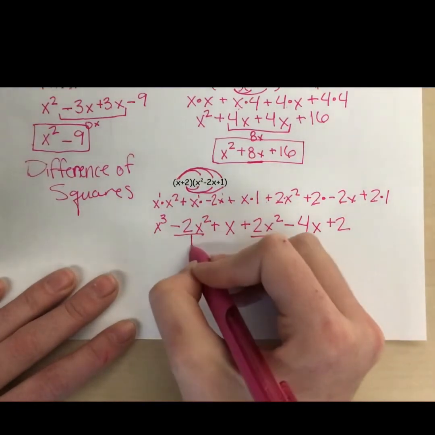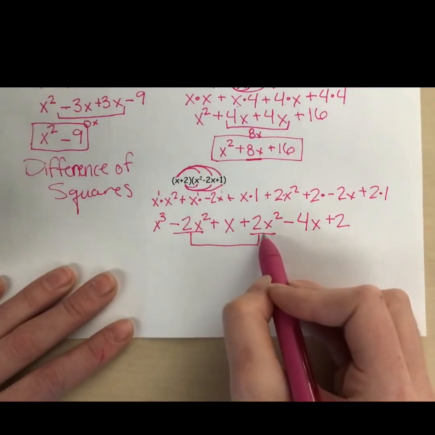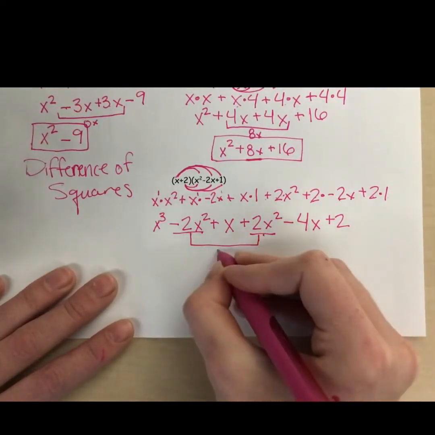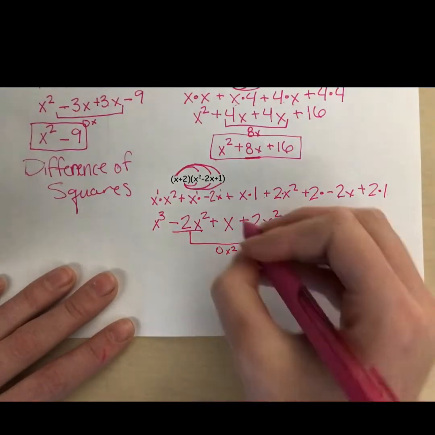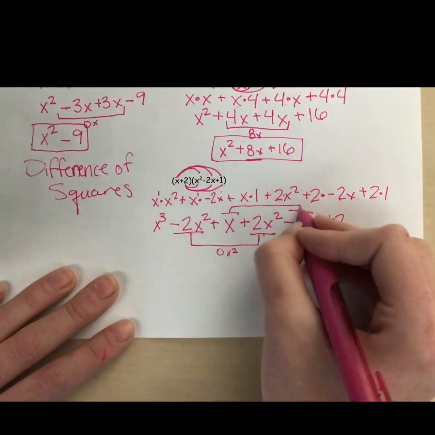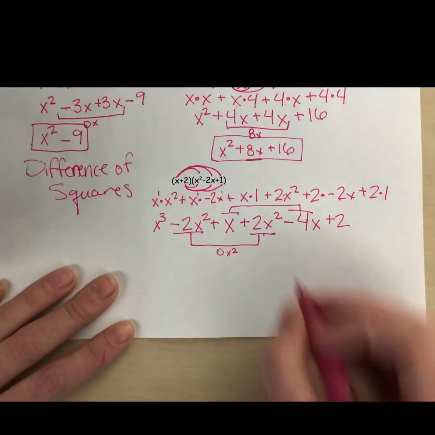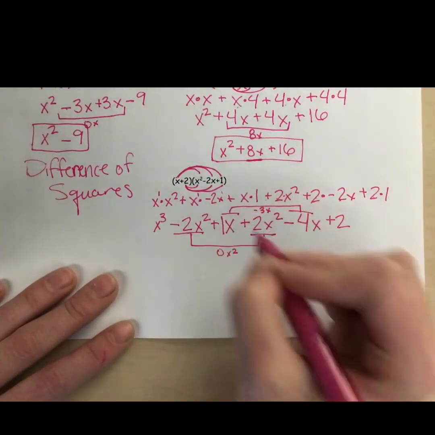If I combine these two things together, I have minus 2x squared plus 2x squared. Well, those will cancel each other out, so I now have 0x squared. And then I have my x and my negative 4x. If I combine those two together, that would give me a negative 3x. Because remember, this is just 1x.